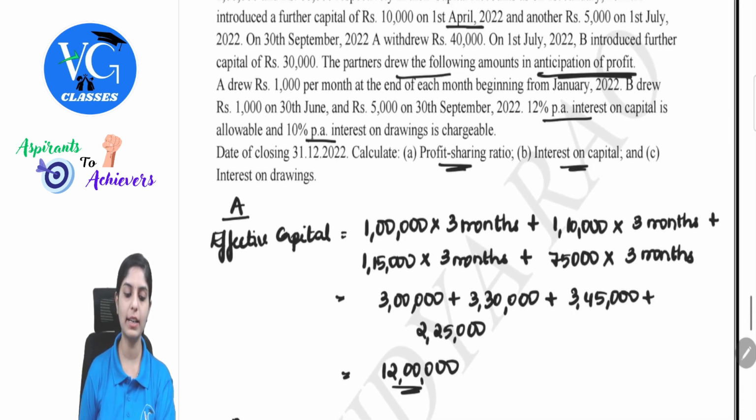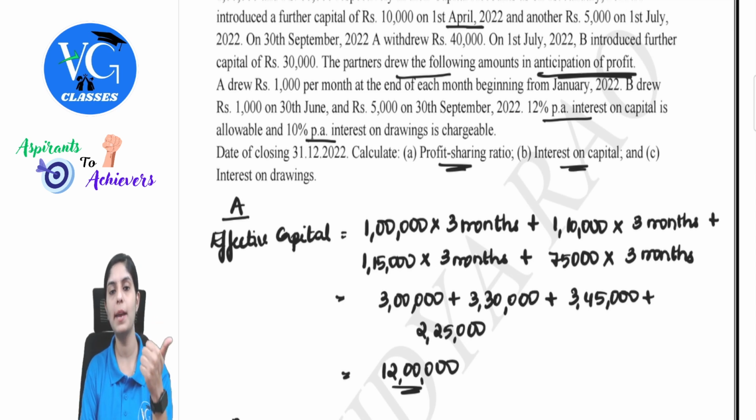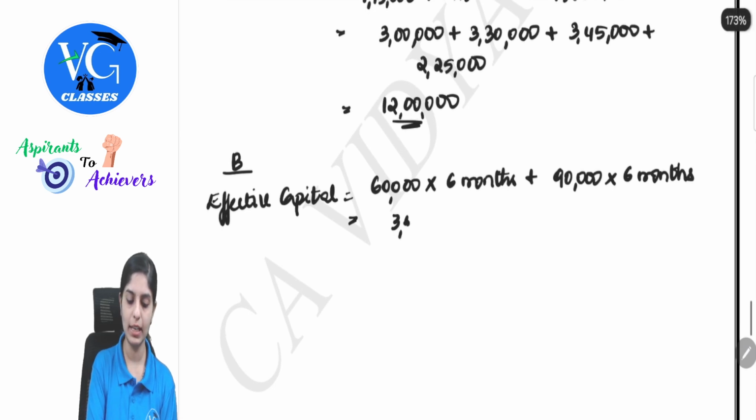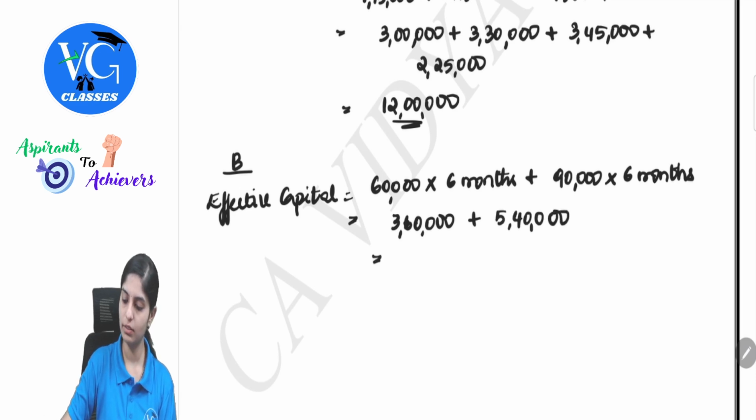We introduced further capital of 30,000. So from 60,000 it went to 90,000. This was from 1st July to December. July, August, September, October, November and December. So 90,000 into 6 months. This will be 60,000 into 6, 3,60,000 plus 90,000 into 6, 5,40,000. 3 lakh 60, this will be totally 9 lakh.